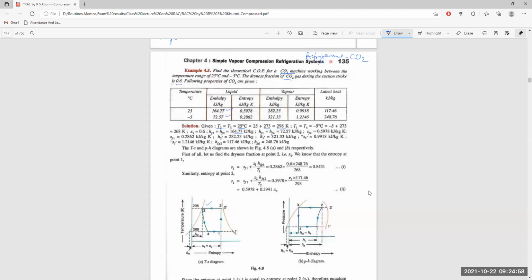So HF3, HF4 is equal to HF1, on the lower temperature line, intersecting the wet vapor line at this point here. So the enthalpy at this particular point in this figure will be the same for both of them.